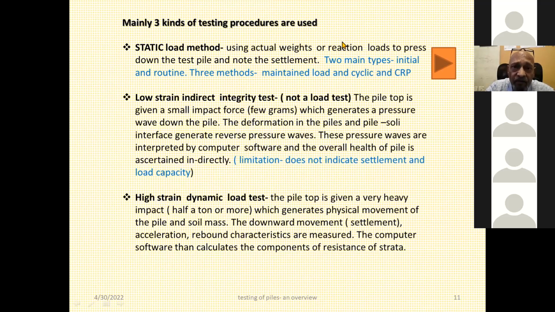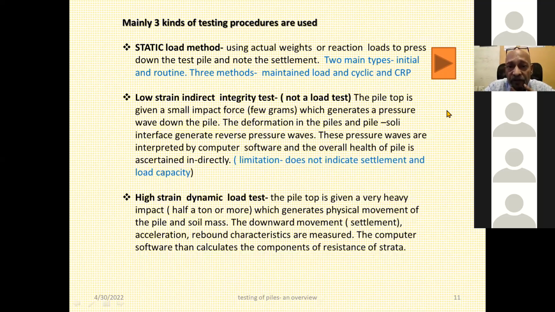Now, there are mainly three kinds of testing which are conducted on piles. There is one, the static load method, in which the actual weights or reaction loads are used to press down the test pile and to note the settlement. There are two main types of the load test: one is initial, another is routine test.